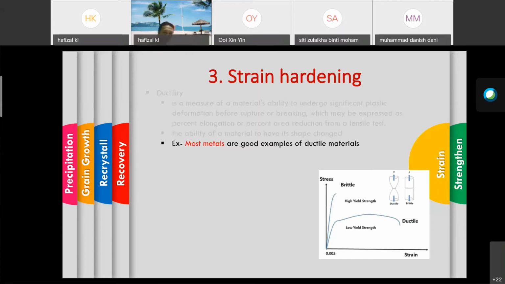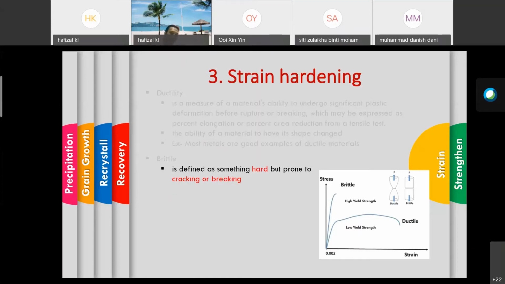Okay, and then we have brittle. As you can see, brittle is defined as something hard but prone to cracking or breaking. Actually, if we compare the strength between brittle and ductile materials, the brittle is very strong, stronger than the ductile material.